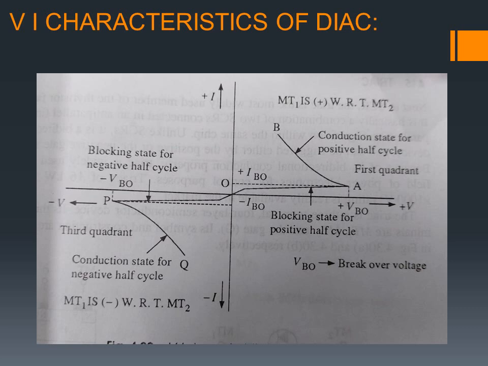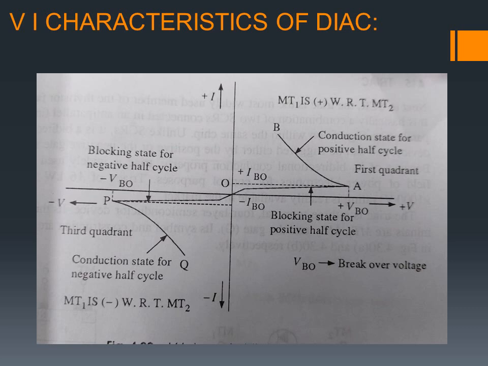For the positive half cycle, the characteristics is obtained in the first quadrant, and below the breakover voltage, a very small amount of current is flowing through the diac, which is known as the leakage current, and it is not sufficient to conduct the diac. The diac will remain in non-conducting state or in off state in this mode. This portion of the characteristics is shown by portion OA.